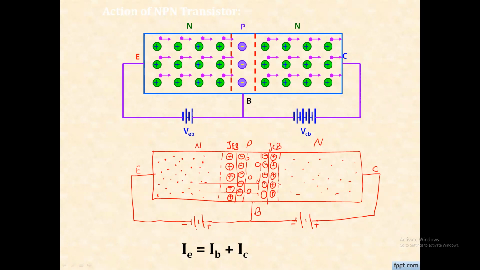So this battery which is connected in between emitter and base, we say that it's a VEB, and the battery which is connected in between collector and base, I say that it's a VCB. So these two external batteries will make the transistor in an active region. आता active region मध्ये कनेक्ट केलाय.